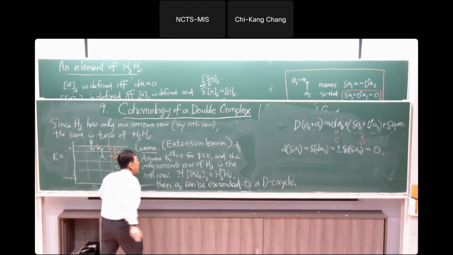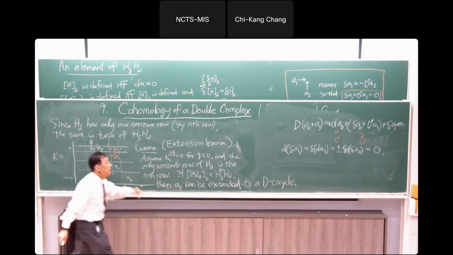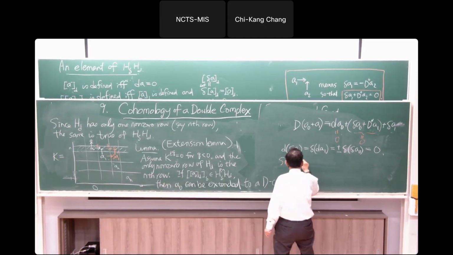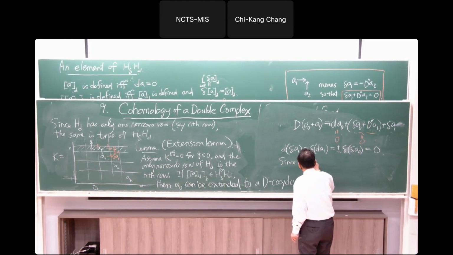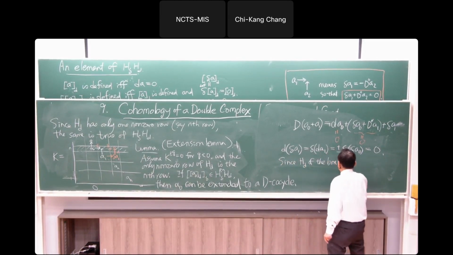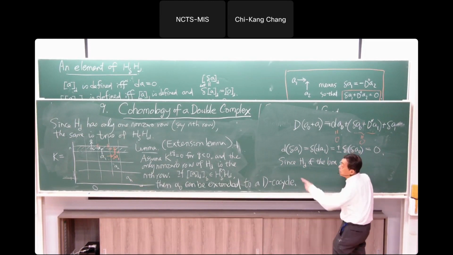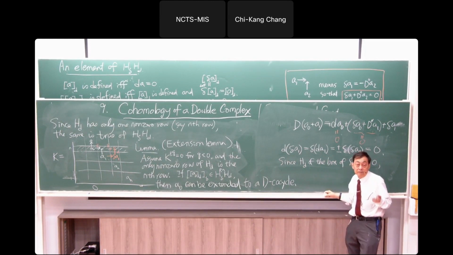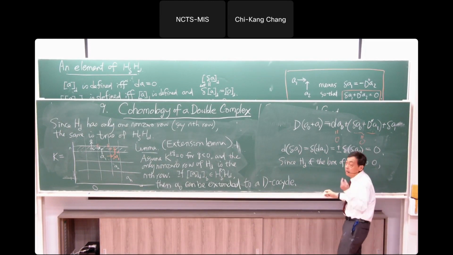But there's no cohomology HD in that box, since HD of the box is 0. So a cocycle has to be a coboundary.